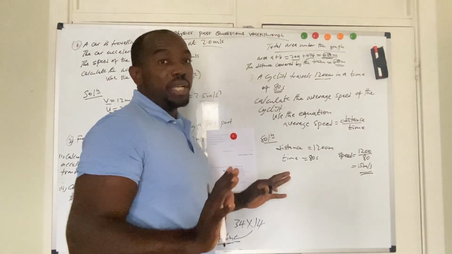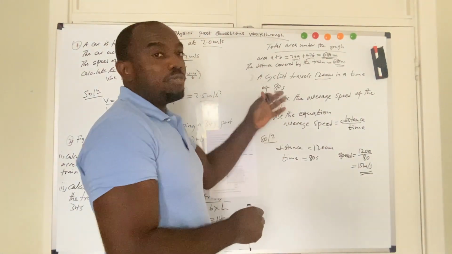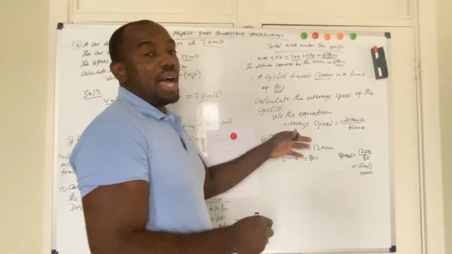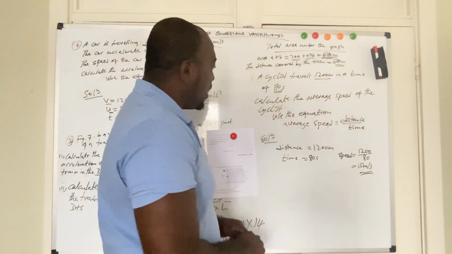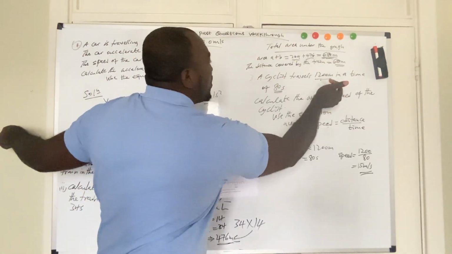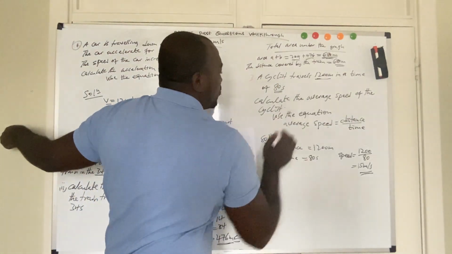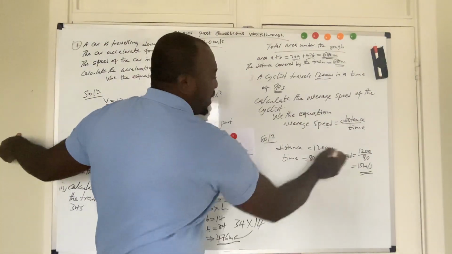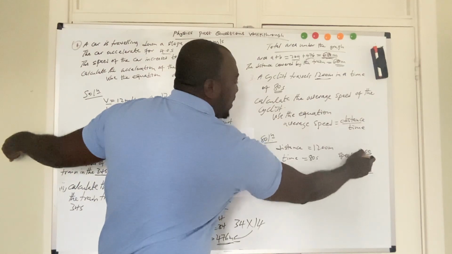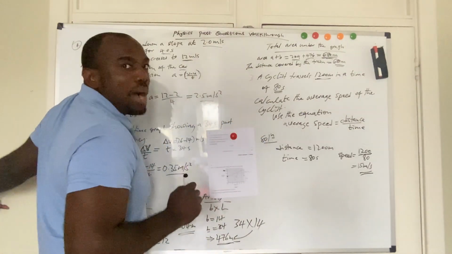So all that we are doing in this question is to look for, again, the parameters, put them in the equation, and calculate the speed. So here we are looking for distance. From the question, a cyclist traveled 1,200 meters. So that represents the distance. We put our distance down, 1,200, and divide it by the time.